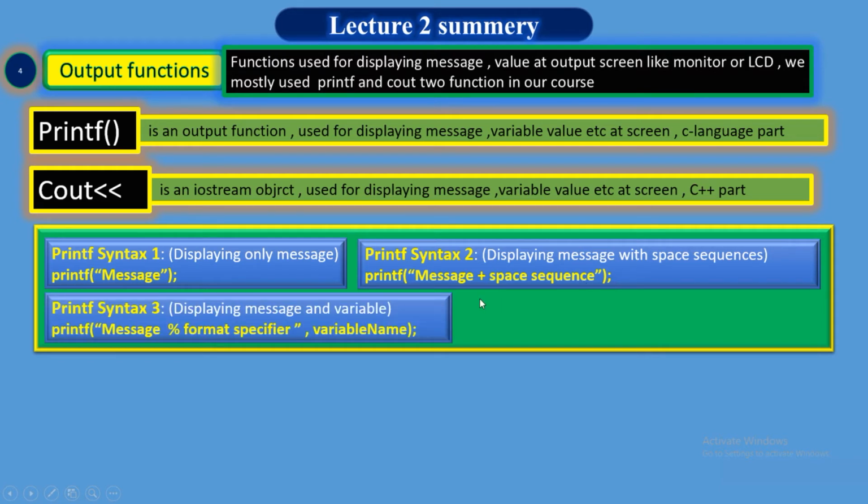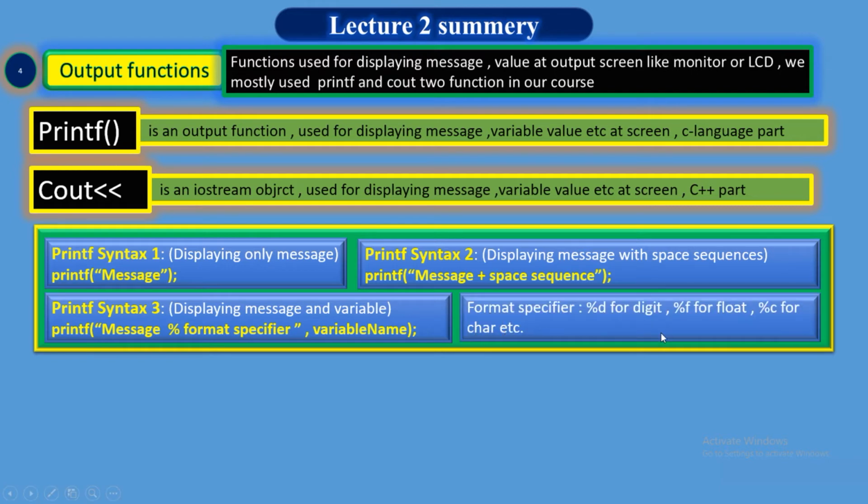We have the third syntax of printf, if you want to display the message and variables. The syntax is keyword printf, bracket start, double quotation message, percentage format specifier, double quotation close, comma, variable name, bracket close, terminator.